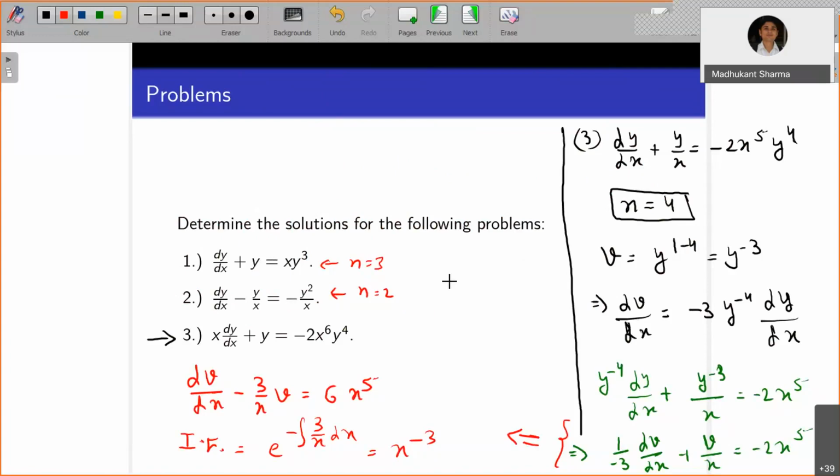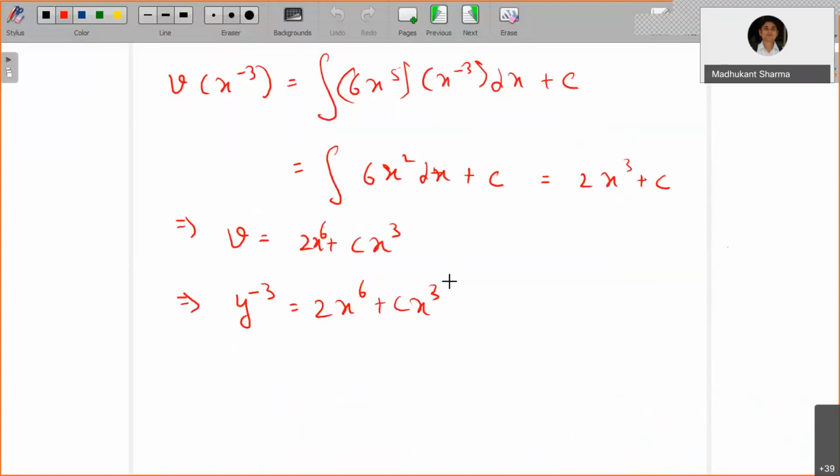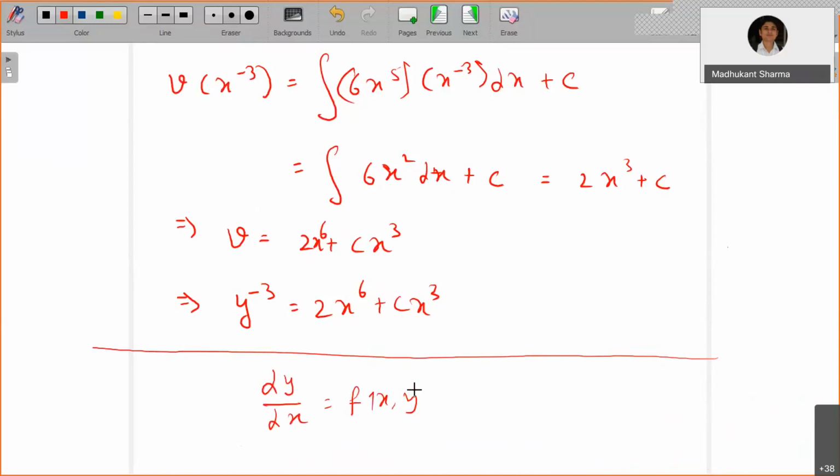Now another special case: suppose it's not a linear first order differential equation. We are going to get back to our original equation, dy by dx equals f of x, y.